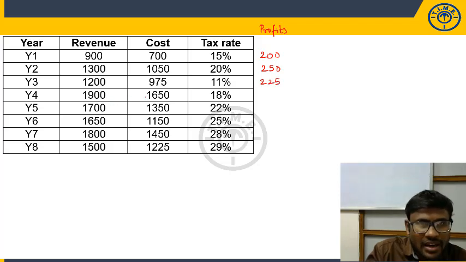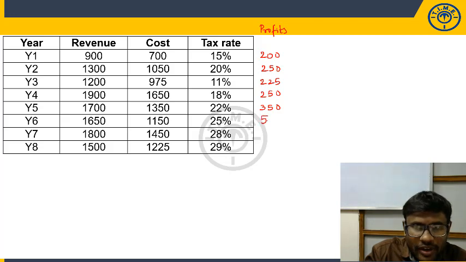And 1900 minus 1650, that is 250. 1700 minus 1350, that is 350. 1650 minus 1150, so you'll get 500. And 1800 minus 1450, that is 350. 1500 minus 1225, that is 275.